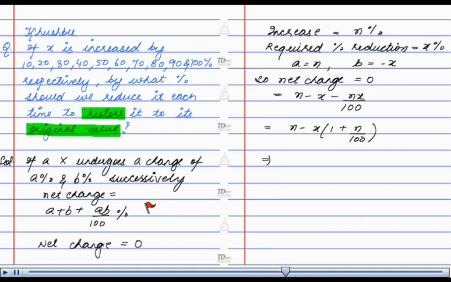This implies that n is equal to x into 1 plus n by 100, or x is equal to n into 100 by 100 plus n.